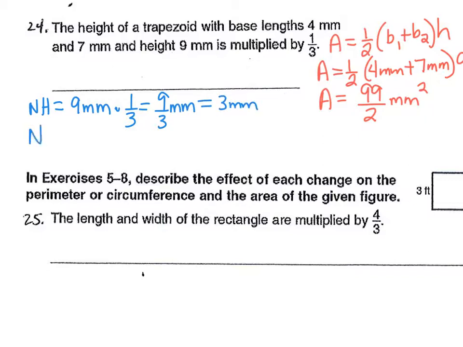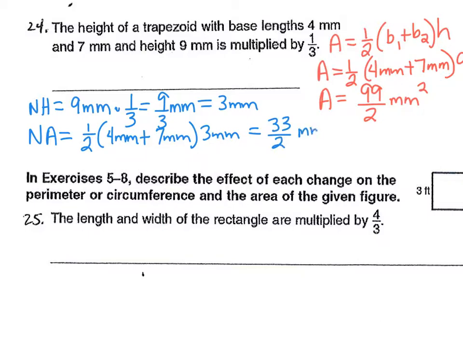So the new area using that height would be 1/2, and then base 1 is still the same, base 2 is still the same, times the height. That would be 11 times 3 is 33, and then divided by 2, right? That is right, okay?